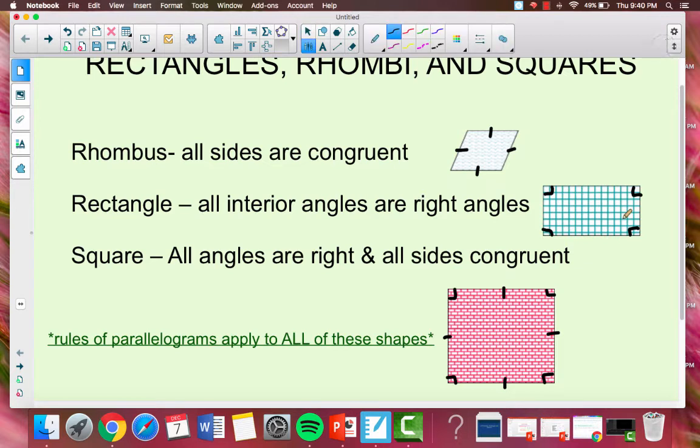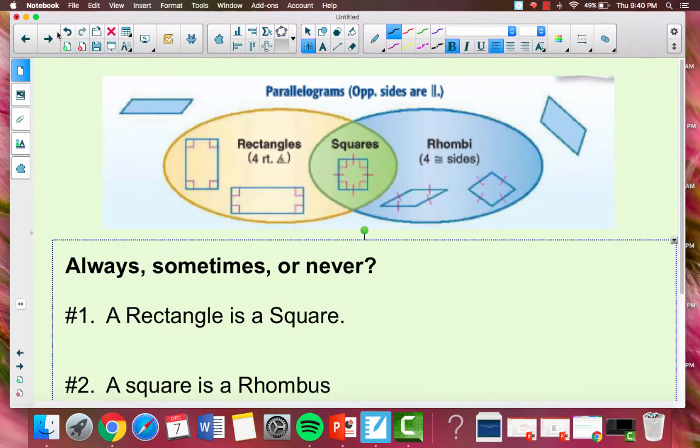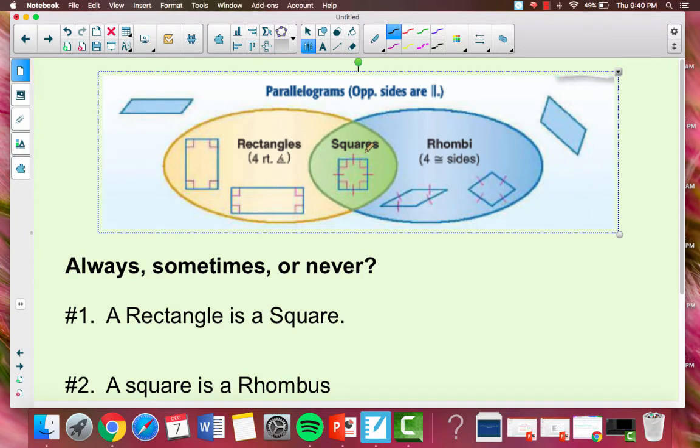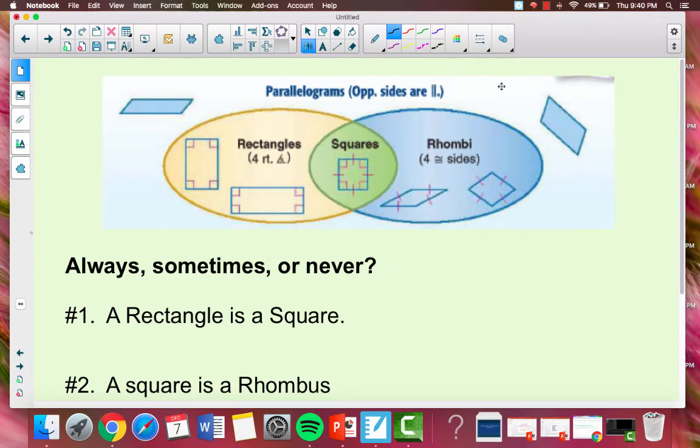And just as a visual, if it helps you, okay, here's a Venn diagram showing how all of these different shapes are related. So obviously on the most generic scale, we have our parallelogram. So those are all on the outside of this Venn diagram. And remember, parallelograms, all we know are opposite sides are parallel. That's its definition. And then we start to get more specific as we go into our shapes.